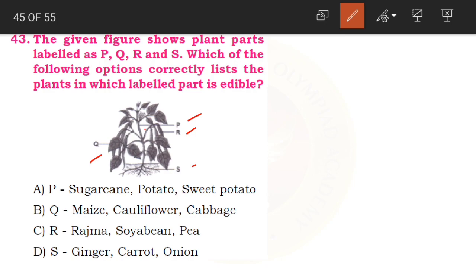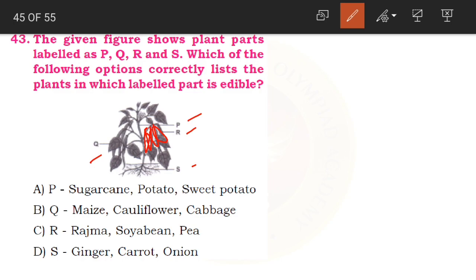So if you see, these are some vegetables. R is there. These are some vegetables. P is the stem. S is roots. Q is the leaf. Can we eat roots, children, from this plant? Because here you can see some type of beans and all that here. So for this plant, can we eat the roots?